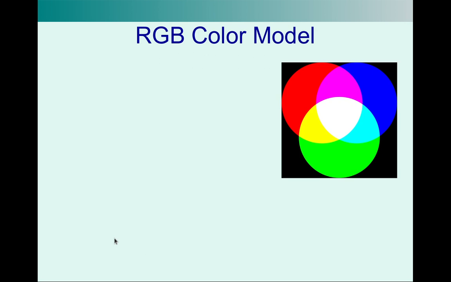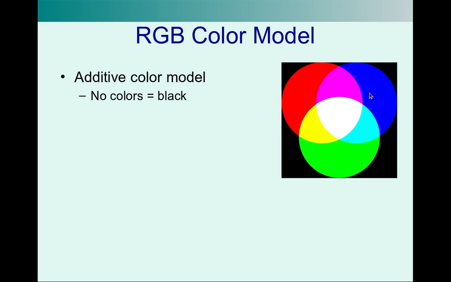The first is the RGB color model: red, green, and blue. It's an additive color model where if no colors are present, it will give out black. Black color will be seen.